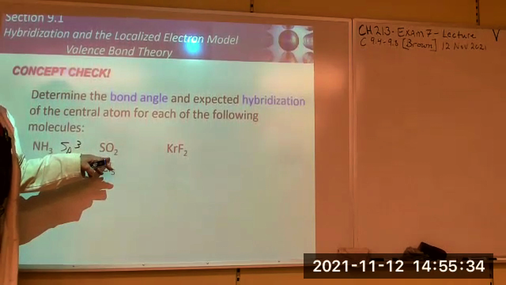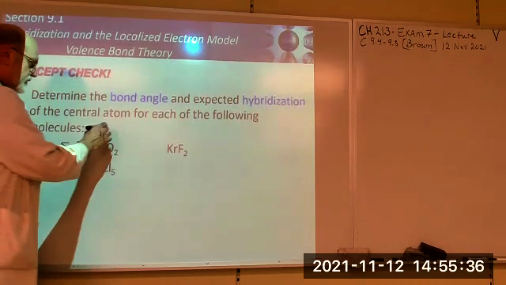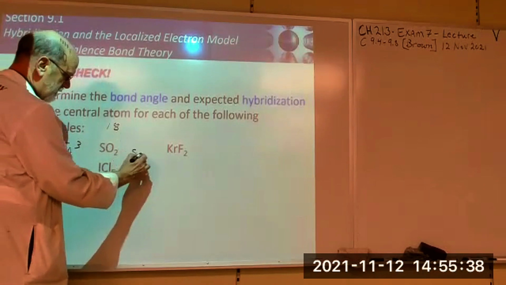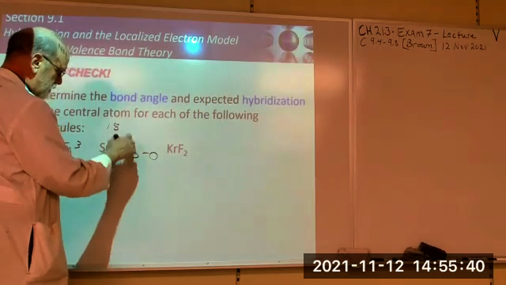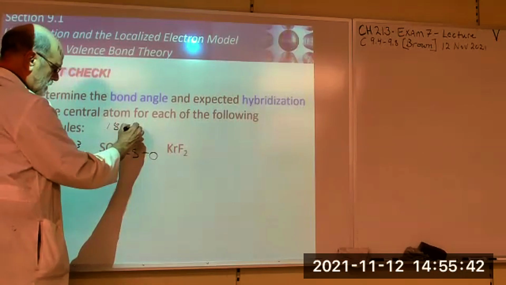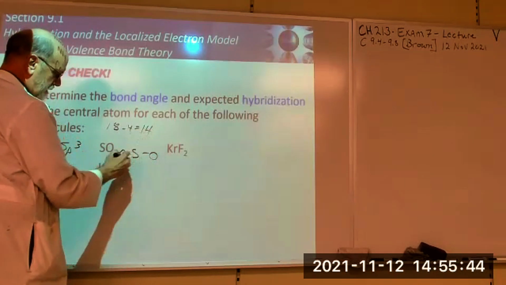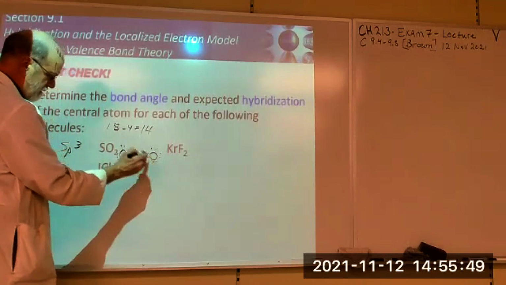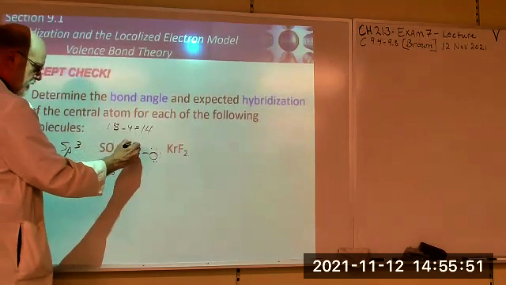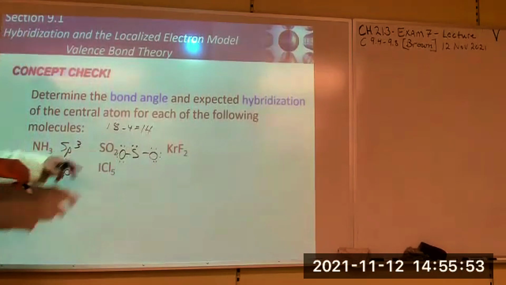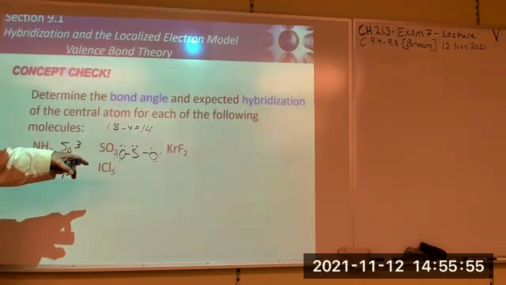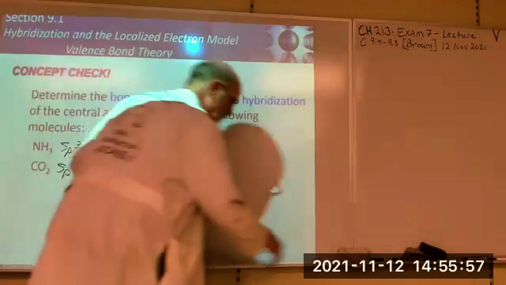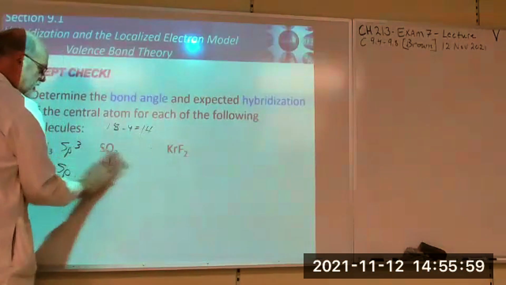That's 3 times 6 is 18 electrons. So we have 14 for the octets, right, that's 12. So we have 2 extras here. So this one's going to be trigonal planar. Trigonal planar means sp2 hybridization, correct?